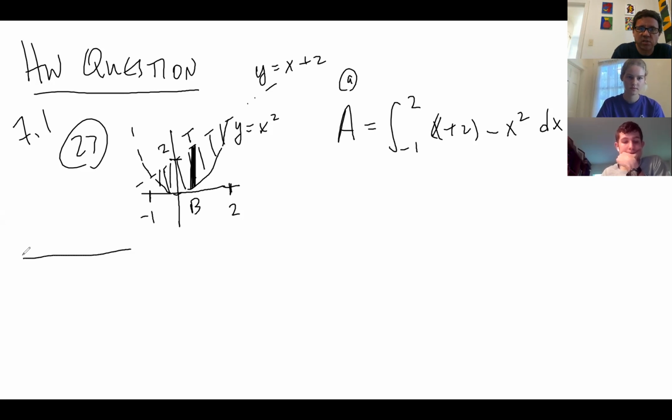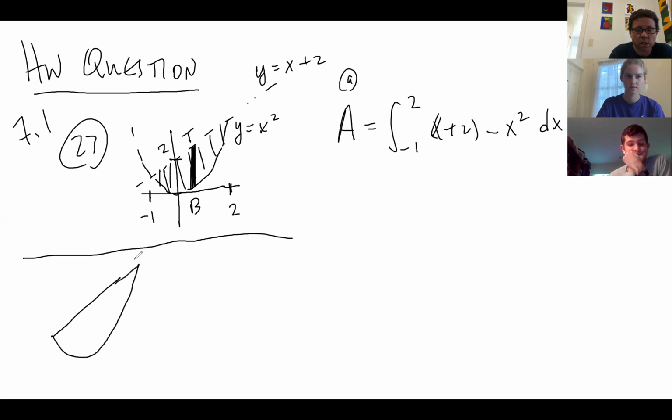The problem is if you think left, right, you're going to run into a problem because the right curve is kind of like from here up. That is the right curve. That's definitely the right curve. But the left curve will depend on whether you are above that dotted line.